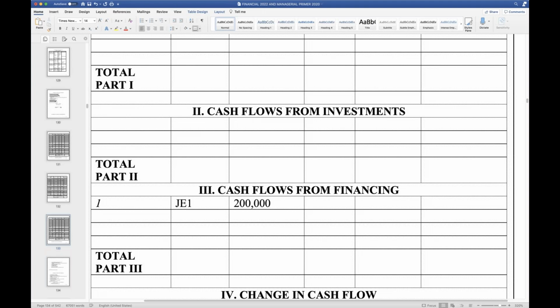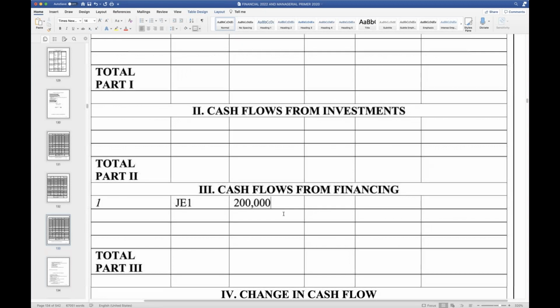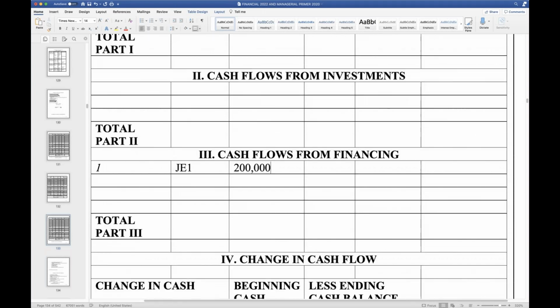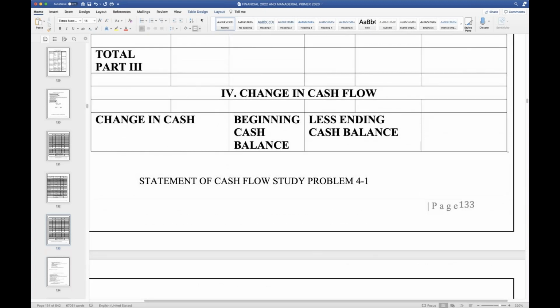So you got to look at it as, I run this company. What kind of assets am I going to invest in that are long term? They go here. Where did I get money from people to help finance my company? That goes here. So you're looking at it from the standpoint that you own the company. And Kayla Williams, you're trying to get her to invest in your company. Okay, I got that part.